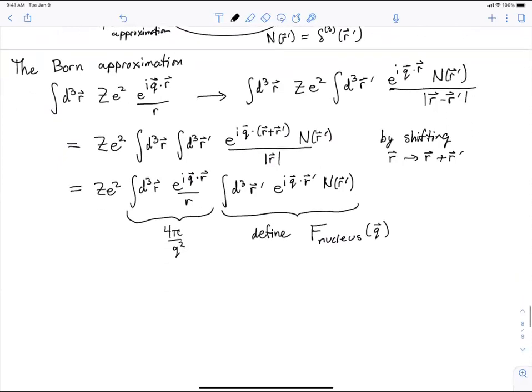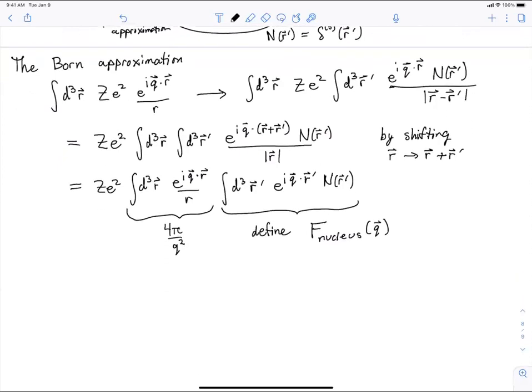So that's some function that if we could measure it, we would learn something about the structure of the nucleus. And this is called the form factor. Okay, and if the nucleus were point-like, it would just be 1. So the deviation of this form factor from 1 is telling you about the structure.